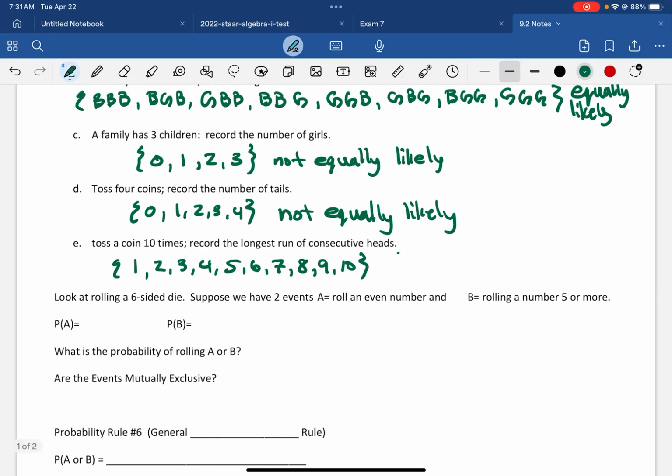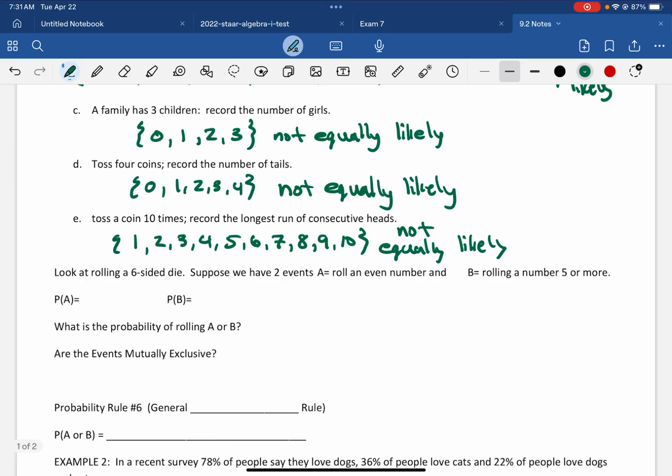Okay? And it's not equally likely. Because you just think about it, flipping a coin, getting heads 1 time is totally not the same as flipping a coin and getting heads 10 times in a row. Not equal event.